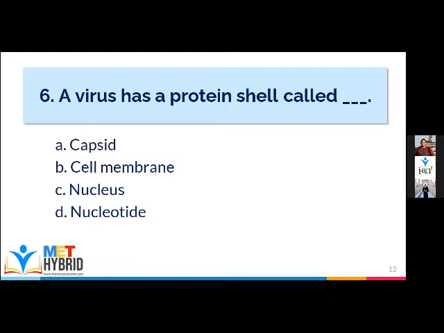So therefore, a virus, when they are outside the host, is deemed to be a non-living entity. Now, they are only molecules. And these molecules are formed by capsid and a genetic material. So it could either be a double-stranded or single-stranded DNA or RNA. Okay? So number 6 is letter A.